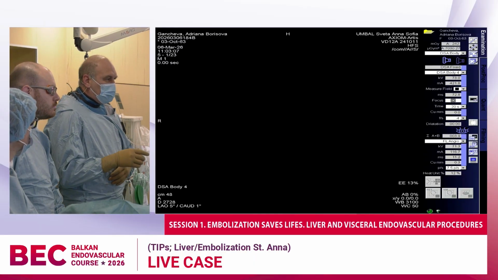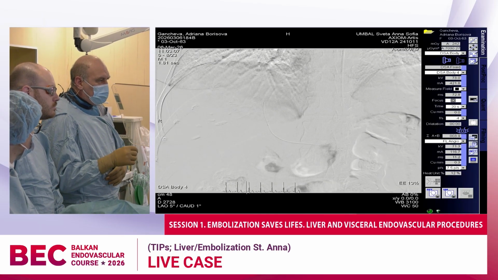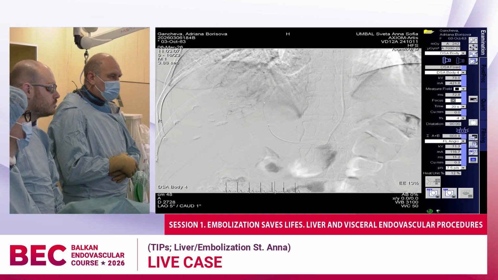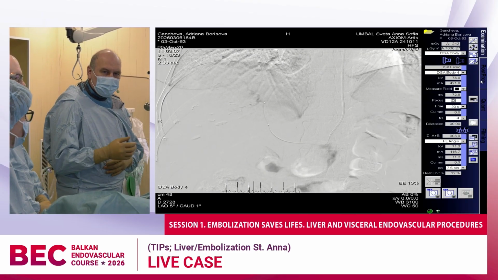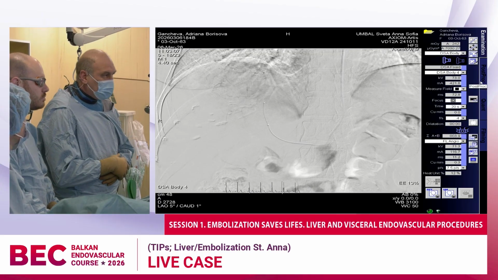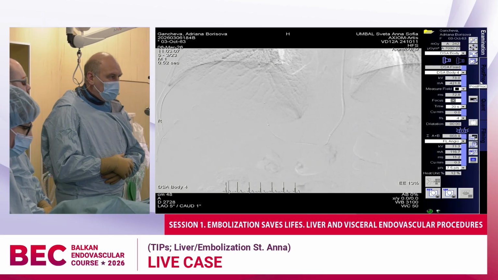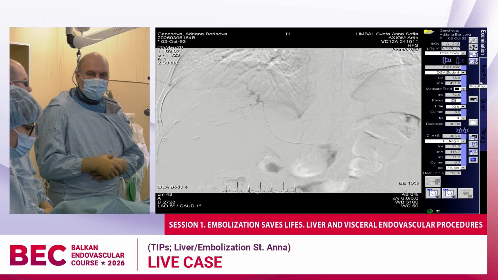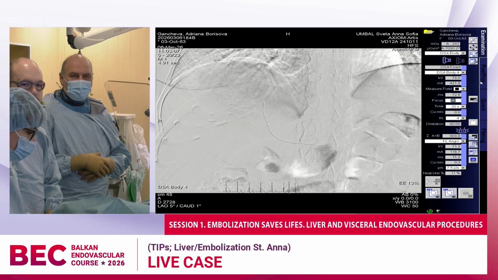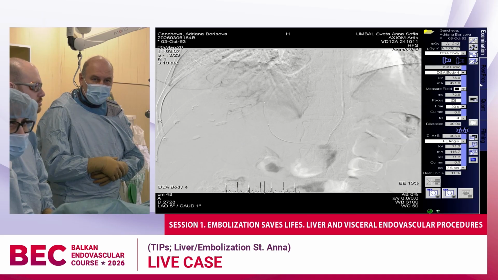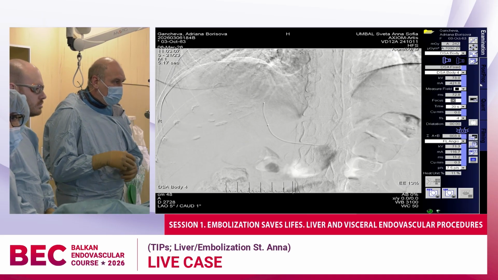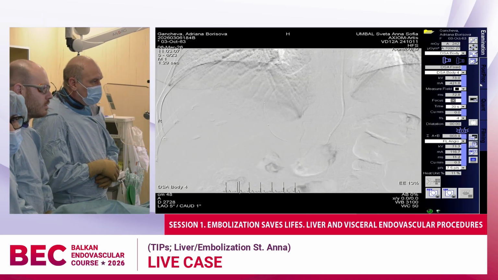After we are selective, we go with a 2.4 French microcatheter, and now we are inside the middle hepatic artery, and you may appreciate a specific blush of the tumor. Can you see it? Yes, you can see it very well. It reaches up to the diaphragm.